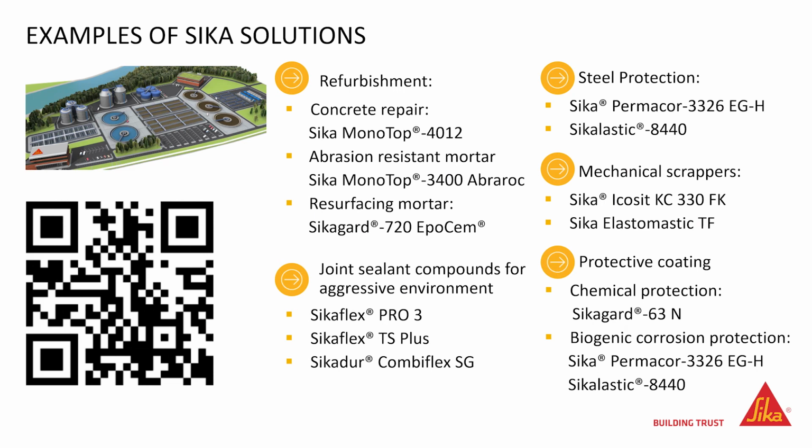For repair works, one component repair mortars, abrasion resistant mortars, high performance resurfacing mortars, various systems for joint compounds for aggressive environments, steel protective coatings, specific systems for mechanical scrapers, protective coatings for chemical aggression, protective coating for biogenic corrosion in digesters and biogas tanks.